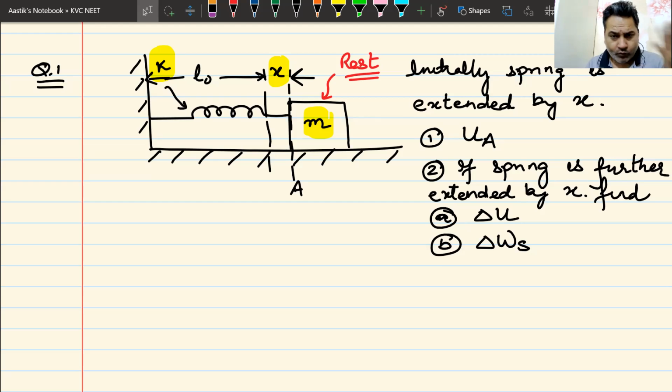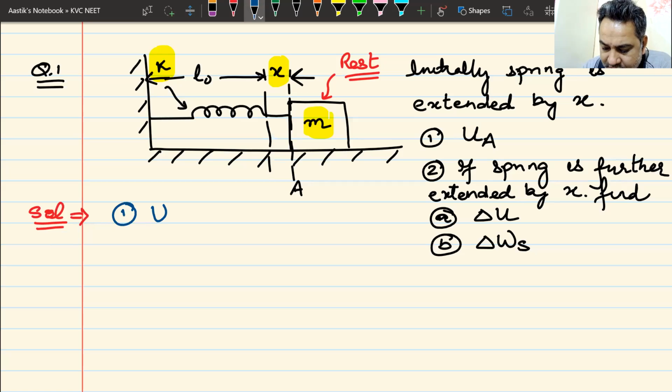Okay. How are we supposed to do this? Very simple. Let us solve it step by step. Let us look at the solution. I hope you have already done it. How do I solve it? Let us first think about energy in the initial position, which is position A, so let me call that UA.